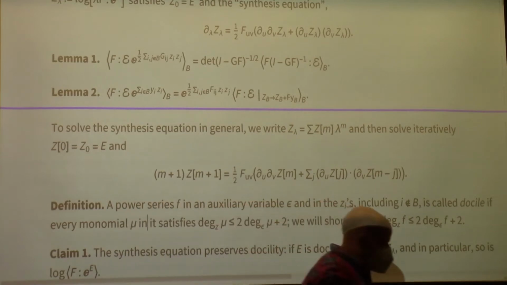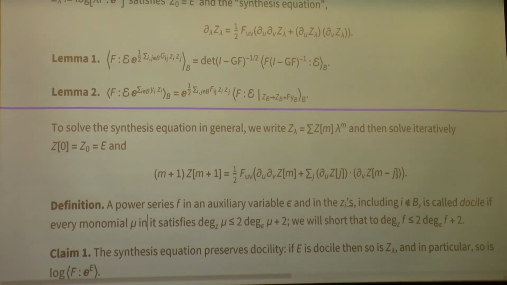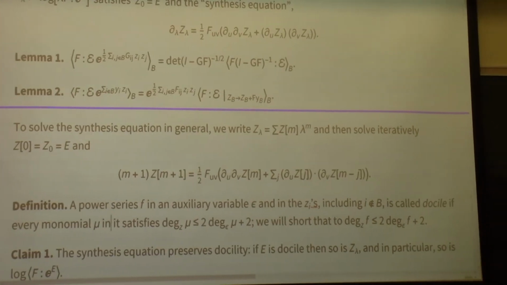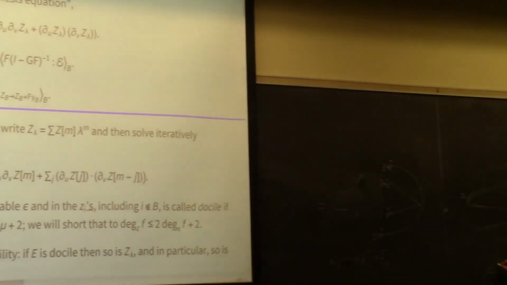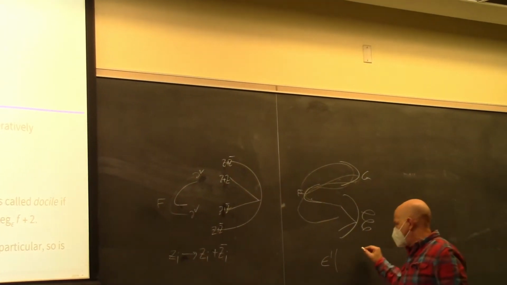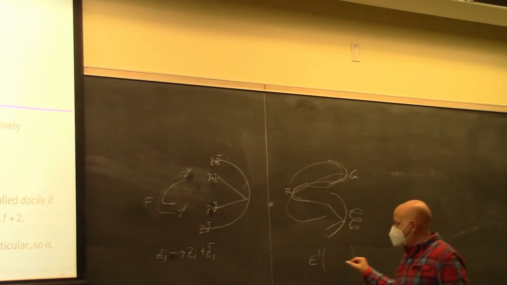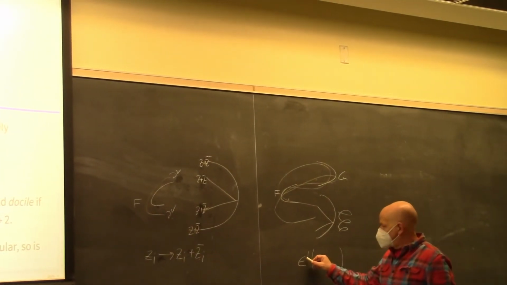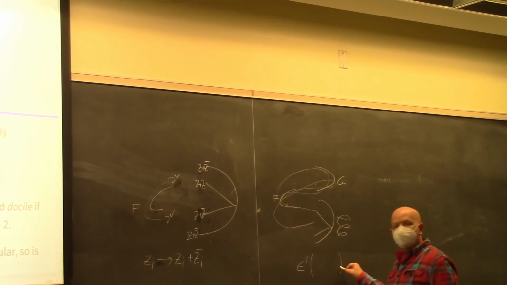So, in other words, a docile perturbation is a perturbation of the form epsilon to the 1, multiplied by something of degree 2 times 1 plus 2, so up to degree 4.